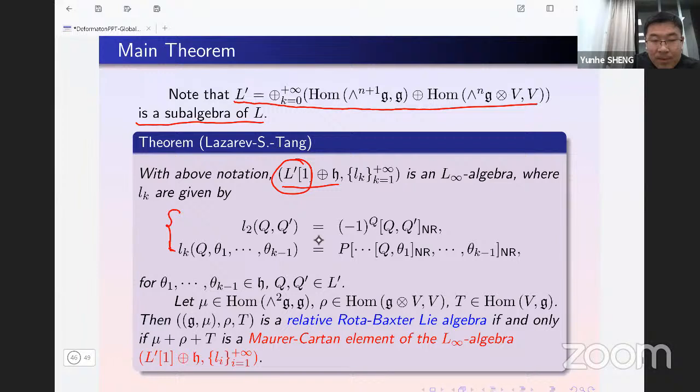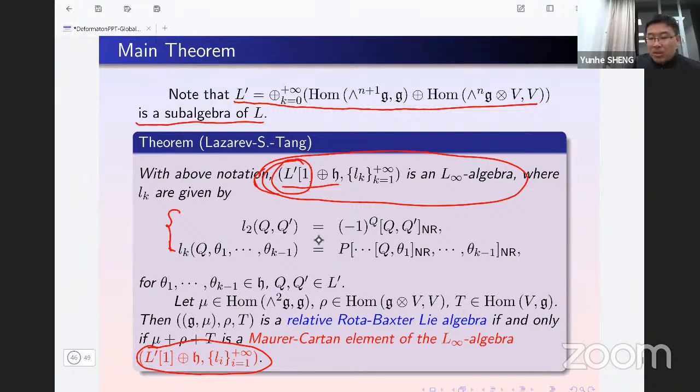And moreover, let mu be a linear map from G tensor G to G, rho be a linear map from G tensor V to V, and T a linear map from V to G. Then (mu, rho, T) is a relative Rota-Baxter Lie algebra if and only if mu plus rho plus T is a Maurer-Cartan element of this L infinity algebra. So this means that this L infinity algebra is a controlling algebra of relative Rota-Baxter Lie algebras.